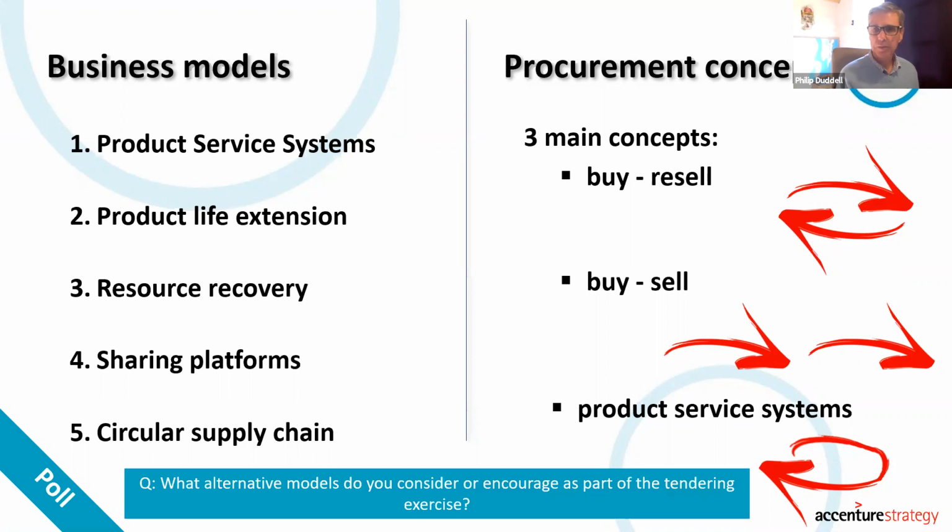Those types of models are increasingly available. They're available for computers, furniture, furnishings, and even organizations like Rolls-Royce run them on their engines. Airlines don't own aero engines, they're owned by Rolls-Royce, and you just pay a fee, if you like, for their use. And the same increasingly applies to various products.